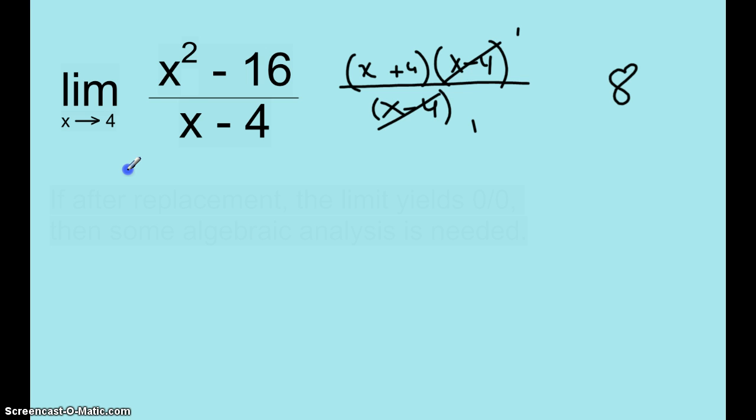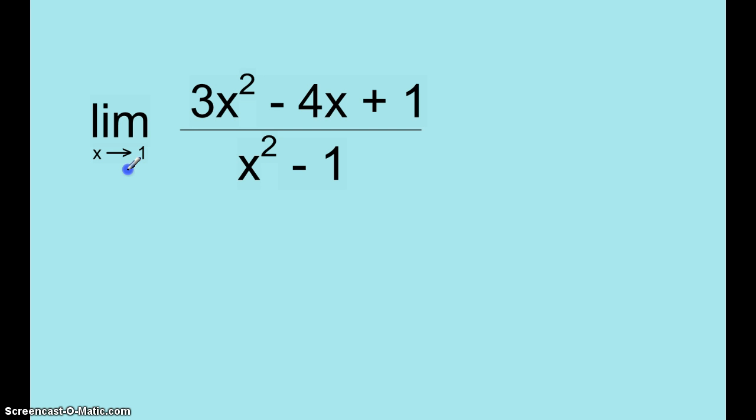Alright, let's try another one where when we replace, it ends up yielding something that's not cool. When we replace with 1, we get 3 minus 4 plus 1 all over 1 minus 1, 0 over 0.